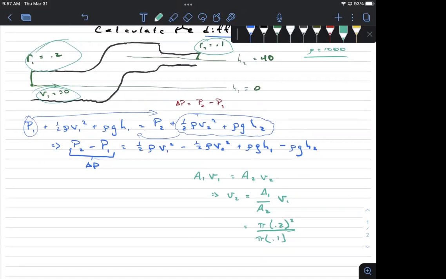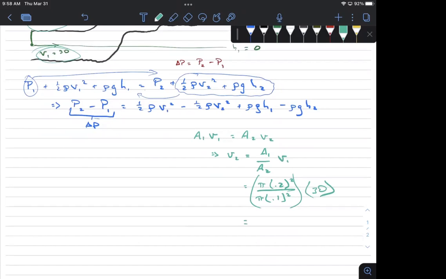So 0.1 squared. So there's A1 over A2, and now I multiply it by the original velocity, which of course was given as 30. And now I have a little equation that allows me to calculate the velocity in the second part of the pipe.